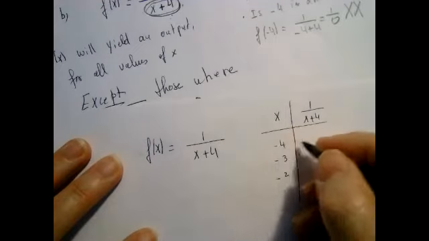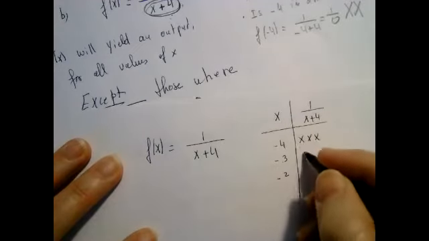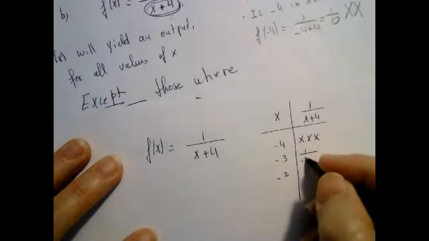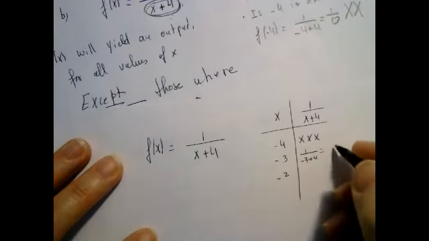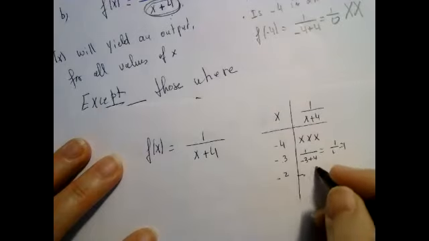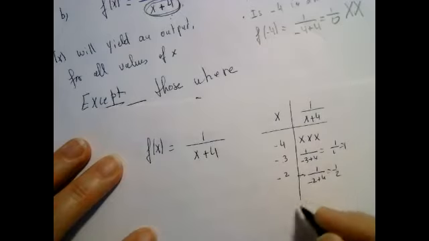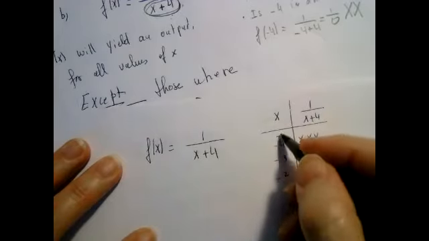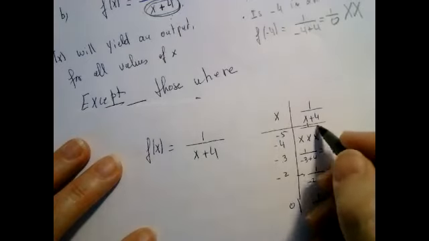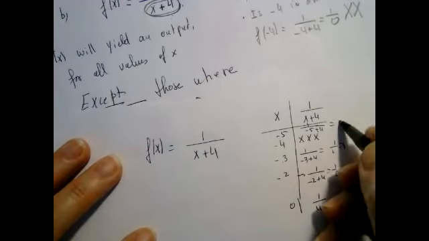Now if I pick minus 4, nothing happens. I pick minus 3, I have 1 over minus 3 plus 4, which is 1 over 1. Minus 2, I have 1 over minus 2 plus 4, which is a half. At 0, I have 1 over 4. And at minus 5, I have 1 over minus 5 plus 4, which is minus 1.